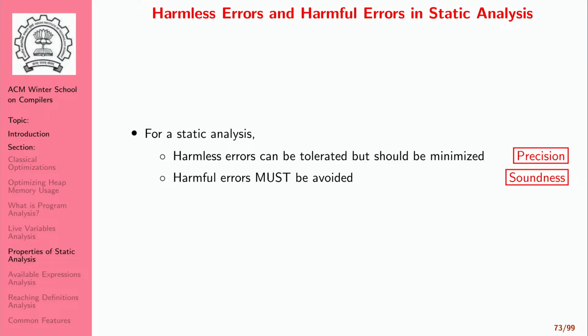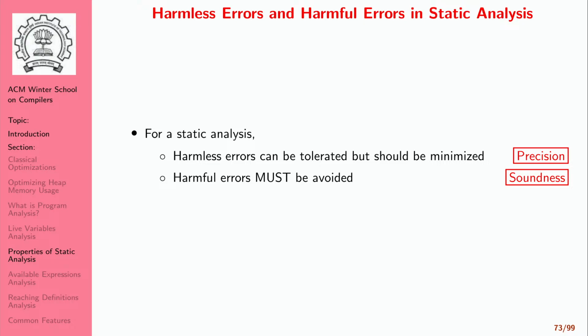It's an error, but it's a harmless error. But declaring a variable to be not live when it is live is actually harmful. So soundness deals with not making harmful errors, precision deals with not making harmless errors.